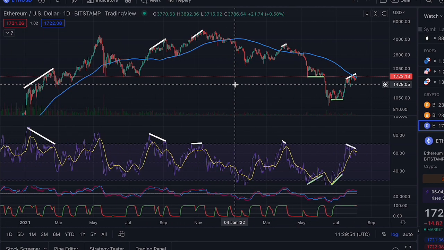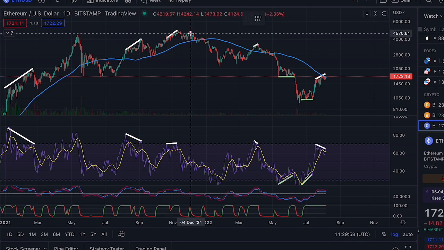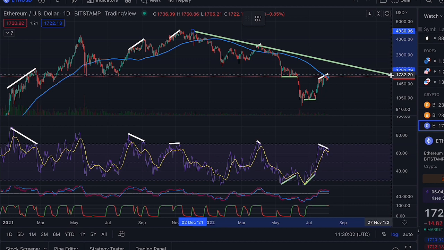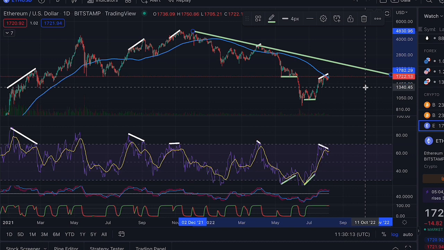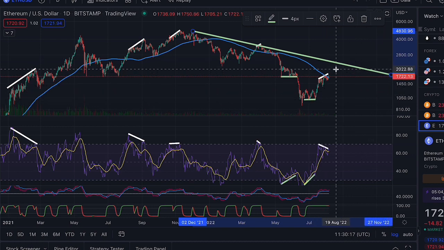In terms of the downtrend line that's forming itself, and you've got to take trend lines a little bit with a grain of salt, we haven't actually hit the top of it yet, so there's still potentially quite a big move to the upside that could be made before we get invalidated and it retests a lower level at some point.